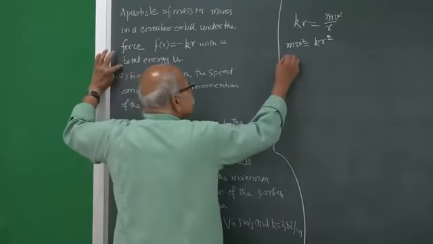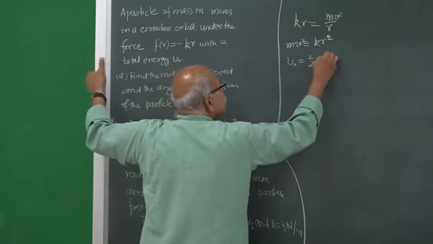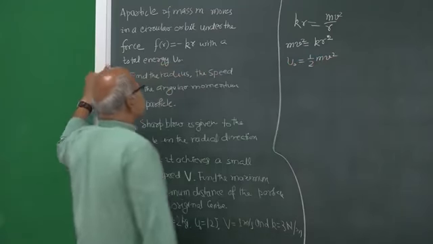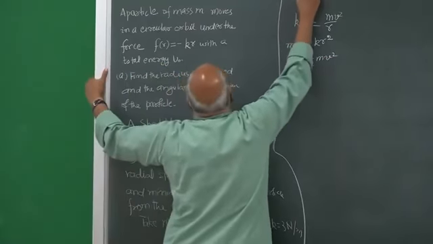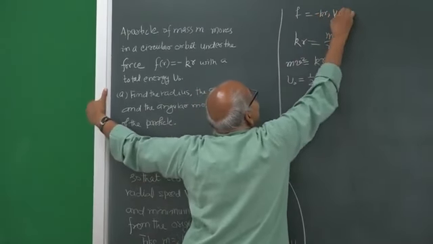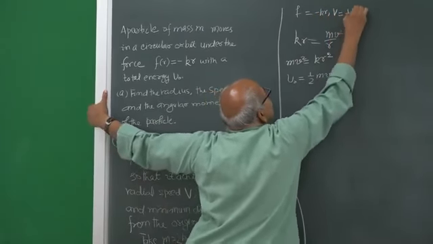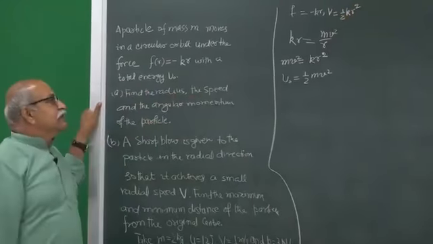The total energy u naught is equal to half m v square, the kinetic energy, plus the potential energy. If F is minus Kr, you very well know the potential energy is half Kr square.